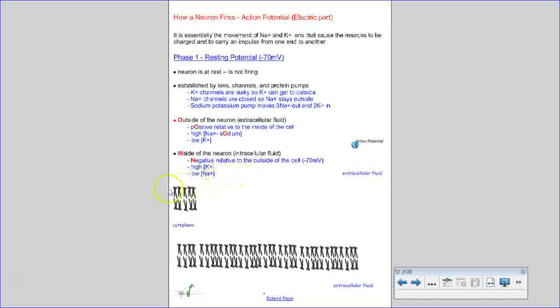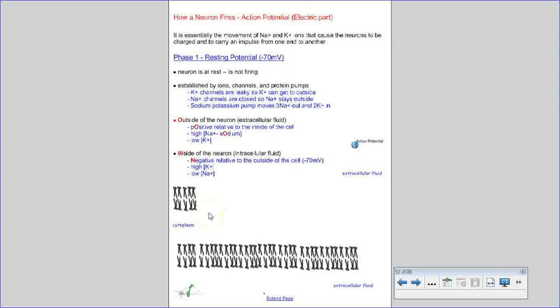And that's why these polar heads will orient themselves towards the watery fluids, and the fatty acid tails turn inward and make a phospholipid bilayer. Okay, that's typical of any cell membrane.